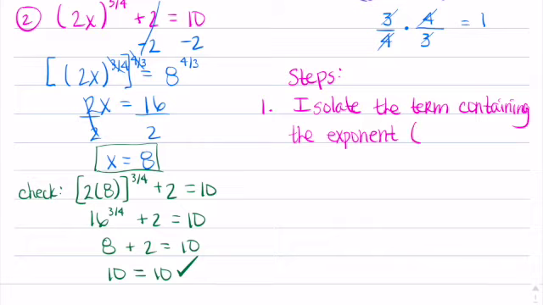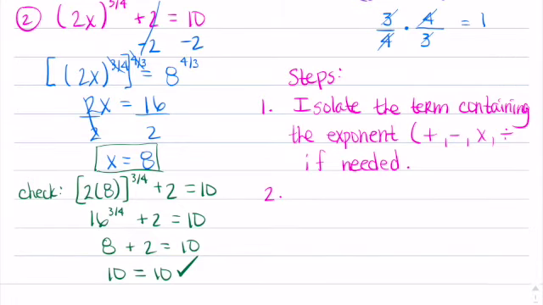And in order to do that, we may have to add or subtract or multiply or divide if needed. In this example that we just did, we had to subtract. We had to subtract 2 from both sides to isolate the exponent term.